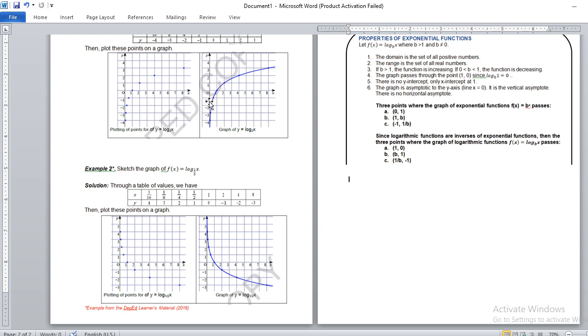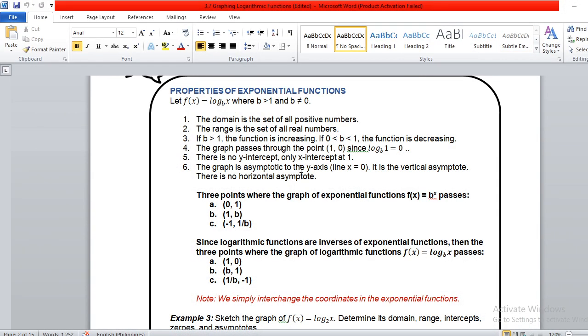It is going closer to the y-axis but does not touch it. This graph also approaches but does not touch the y-axis. So the graphs of these functions are asymptotic to the y-axis.